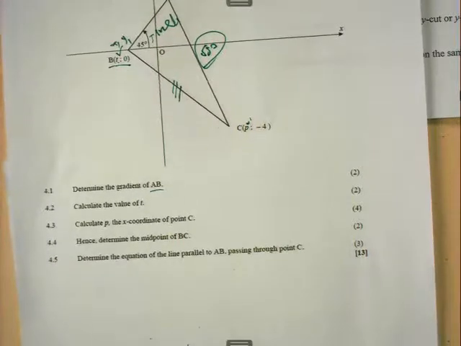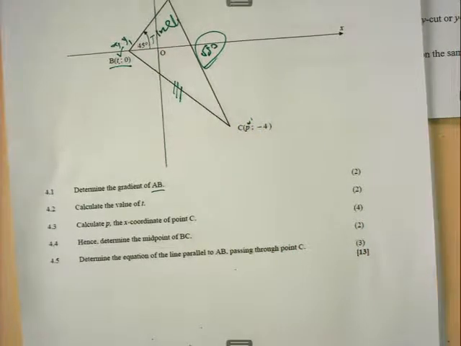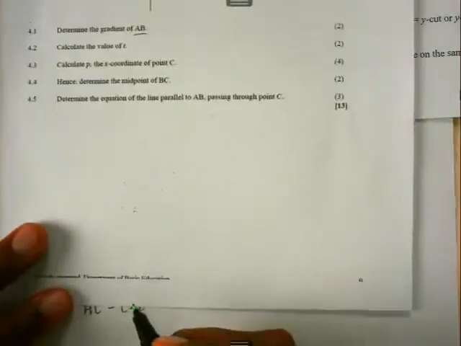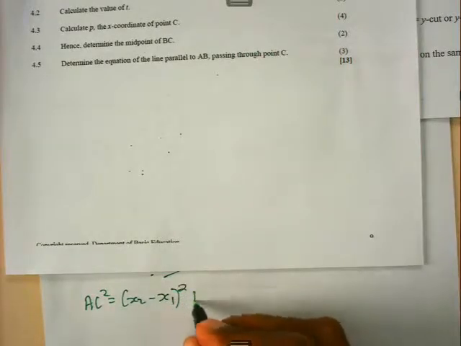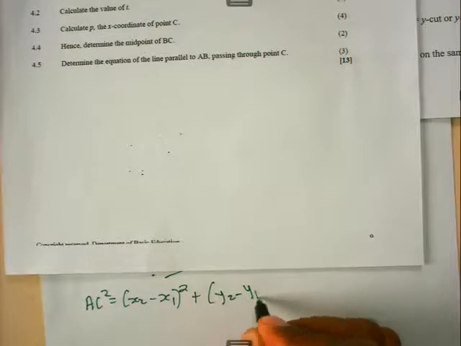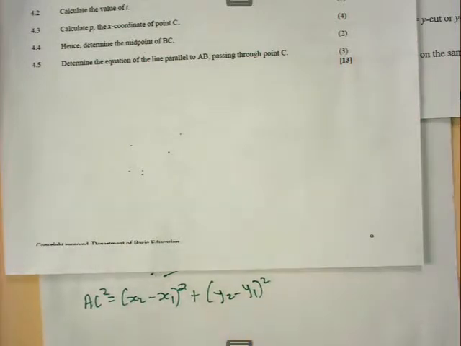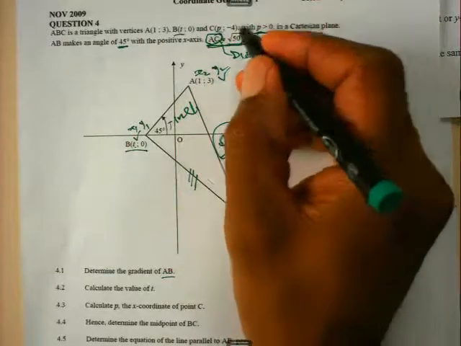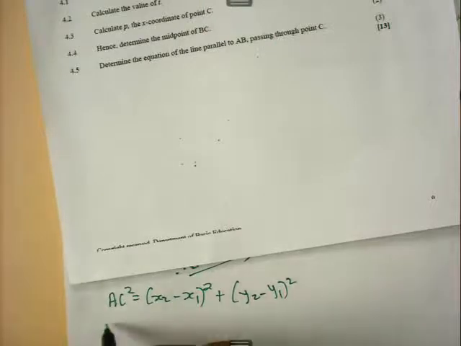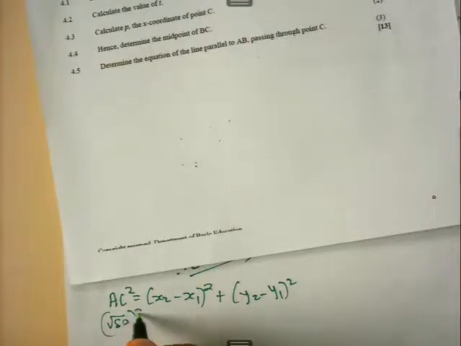Remember, we have AC squared is equal to x2 minus x1 all squared plus y2 minus y1 all squared. Immediately from here, I substitute AC, which is the square root of 50, then we square it.